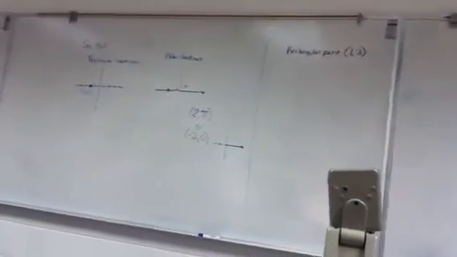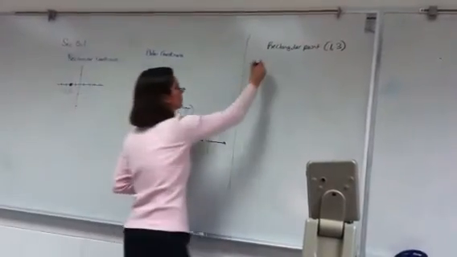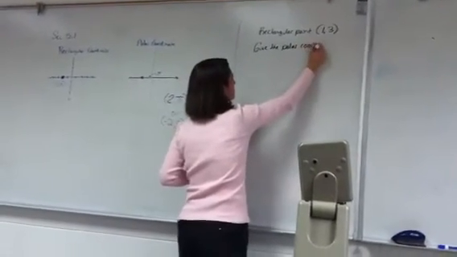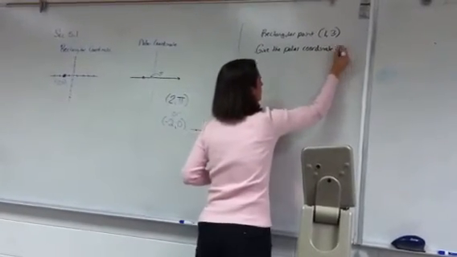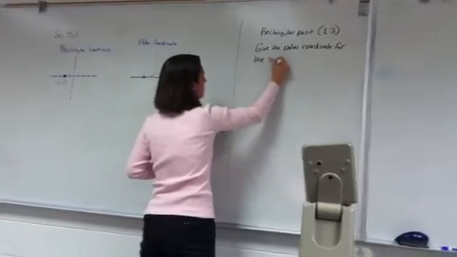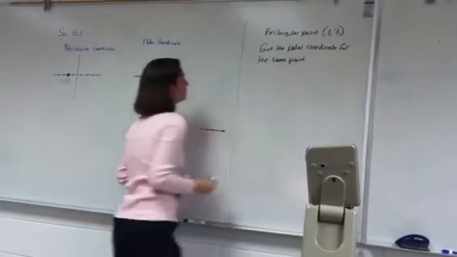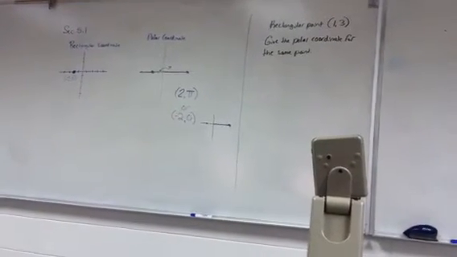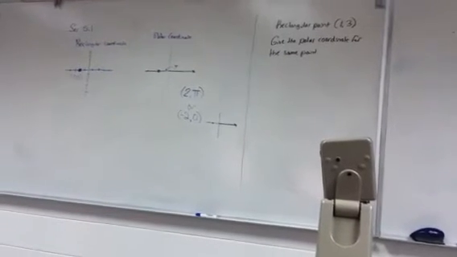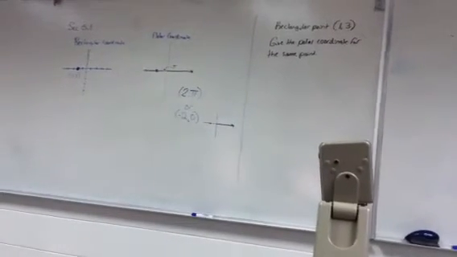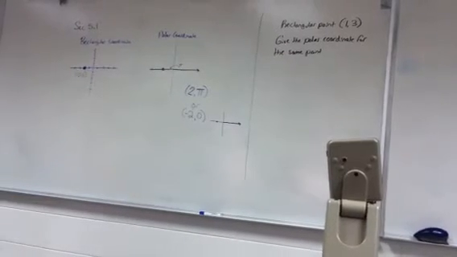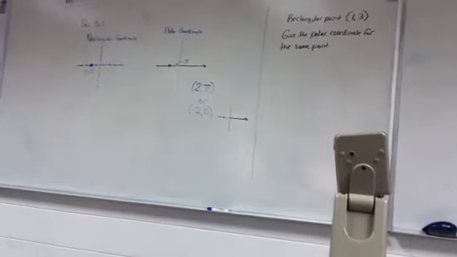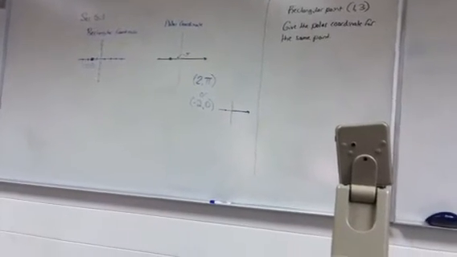And I ask you to give me the polar coordinate for that same point. Then we'll just draw this, or just think it in our head? No, we're gonna work it out.